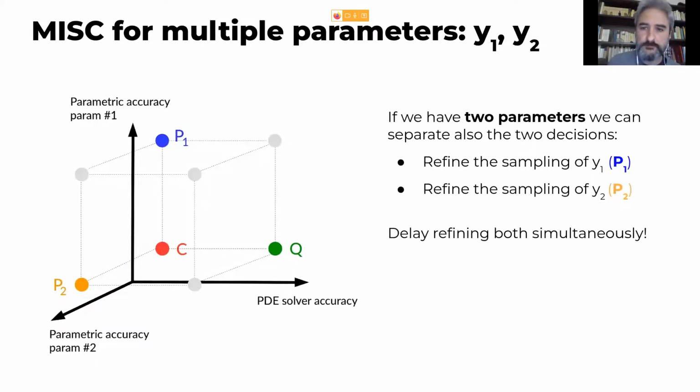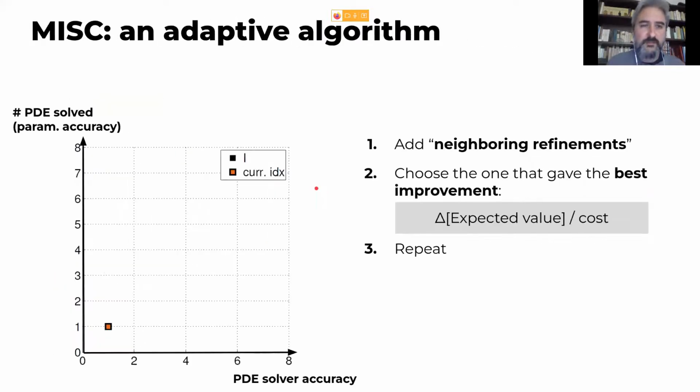And then, in principle, if you have a solver that allows you to tensorize in space, so you have a perfect tensor structure in your solver, which we don't have because we have multiple overlapping grids, you could also play the game of refining only one direction of the mesh or the other. And then you end up with a lot of possible combinations that you want to choose from.